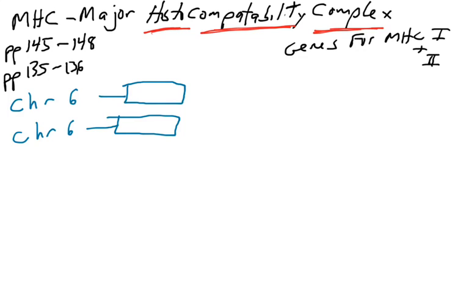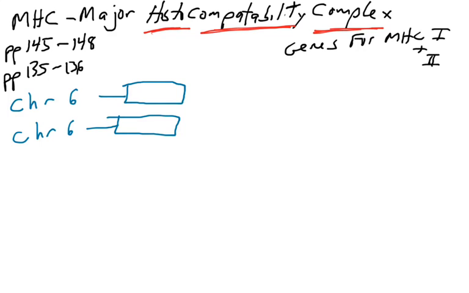It is this huge area on chromosome 6 that encodes lots of genes that have to do with compatibility of organ transplantation. But it turns out that these genes actually make proteins that are involved in antigen presentation. So MHC technically refers to the complex on the genome, but we also use it when we talk about the proteins that are found on the surface of the cells that are involved in antigen presentation.